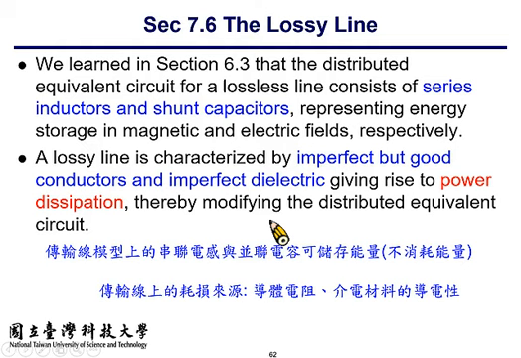Due to imperfect conductivity. Even though we know the conductivity of metal is relatively high, for example, for copper it is 5.8 times 10 to the 7th siemens per meter, it's not infinite. So it still exhibits certain resistivity.